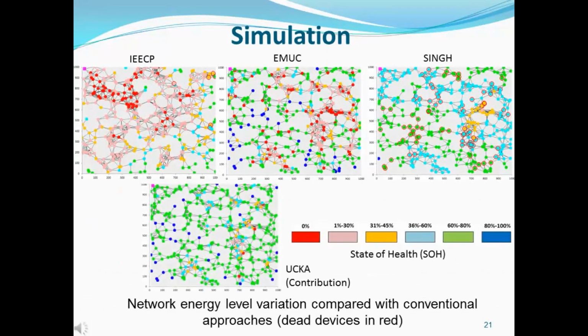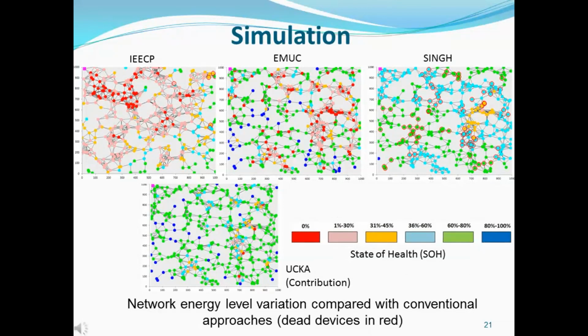The following figure illustrates a comparison of the state of health of devices' batteries after several rounds with 400 deployed devices. The red nodes represent the dead devices. With the equal multi-hop clustering scheme, the figure in the top left, the imbalanced distribution of energy consumption led to an energy hotspot problem.